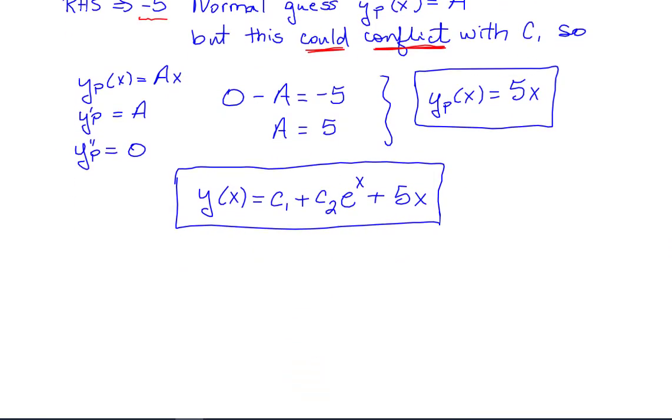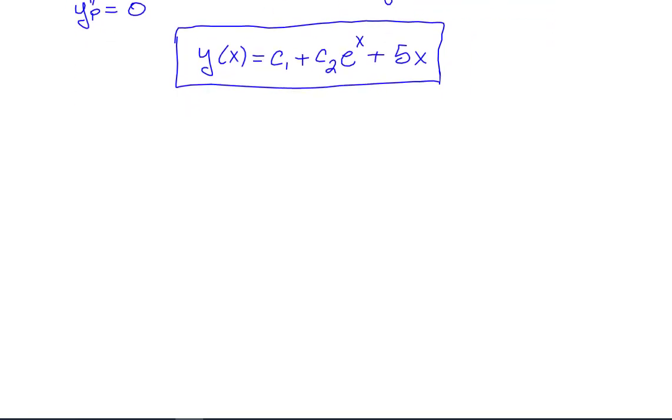And so my general solution then is the homogeneous solution plus my particular solution. So again, if your guess in any way has a conflict with a piece of the homogeneous solution, you have to multiply by powers of x.